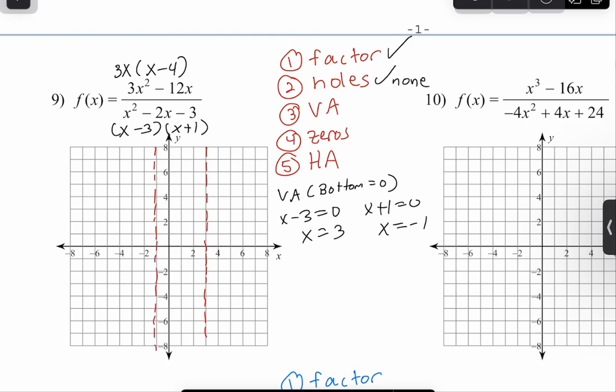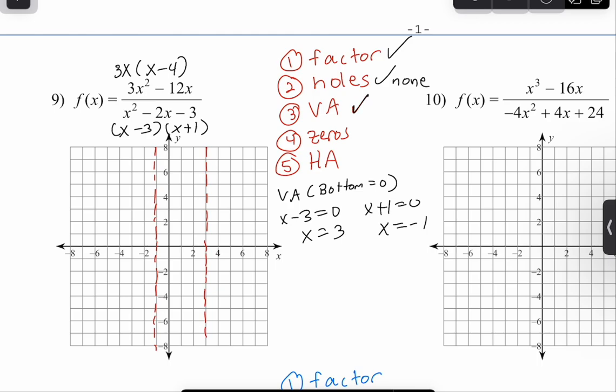So those vertical asymptotes make it so we're going to have a piece over here and a piece here and a piece there. I don't know what the pieces look like, but you know I should have 3 distinct pieces of my domain and my graph. So vertical asymptotes are done.